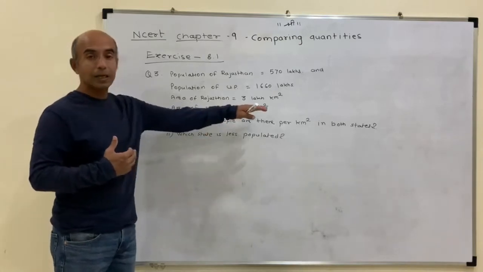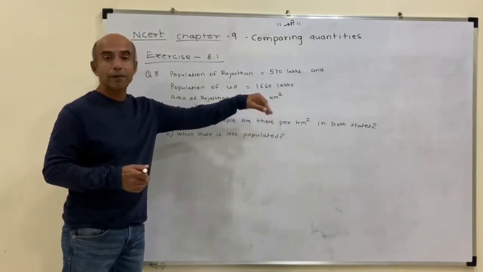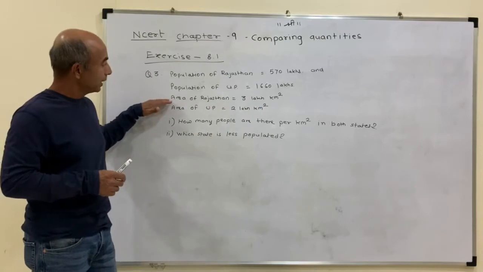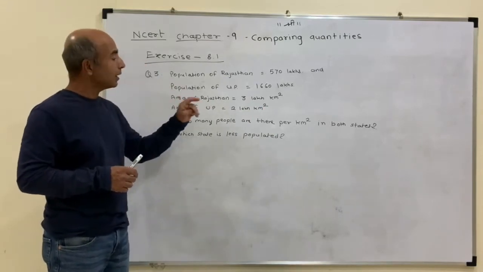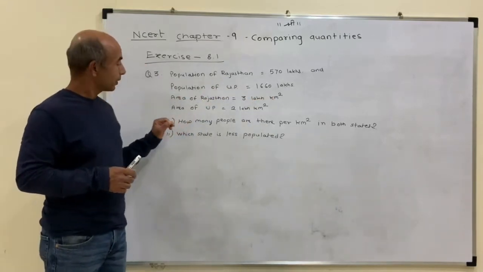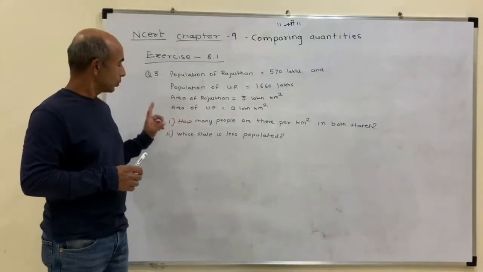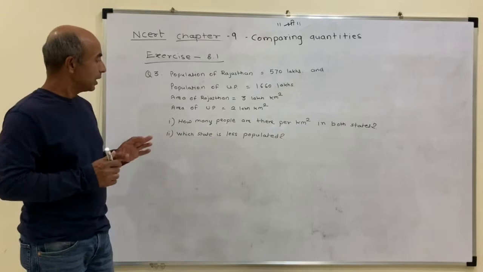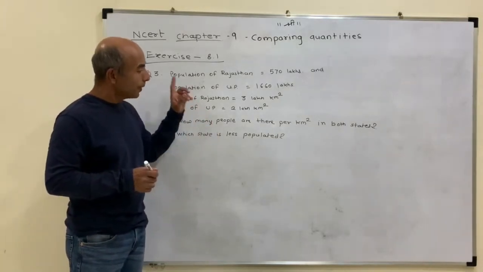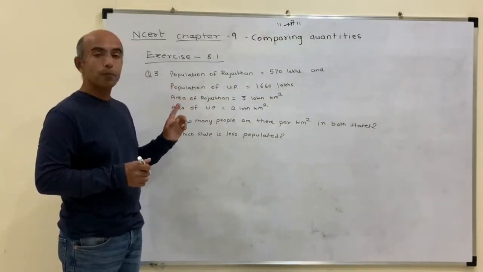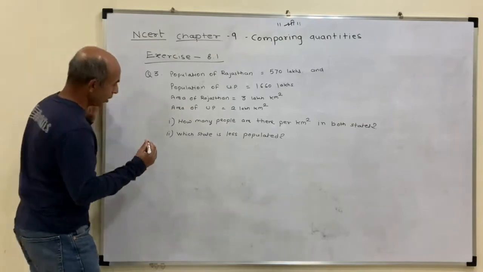You already understand that, so there should not be any difficulty understanding this. Area of UP is 2 lakh kilometer square. So there are 2 sub questions. First, how many people are there per kilometer square in both the states? So let's solve the first part.